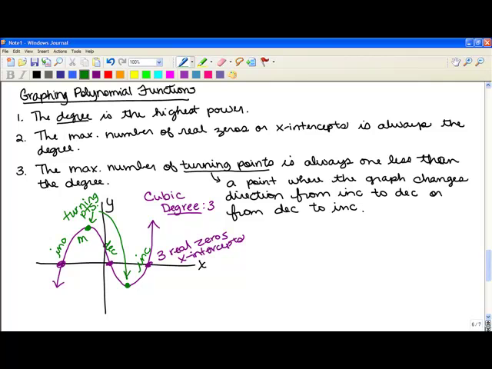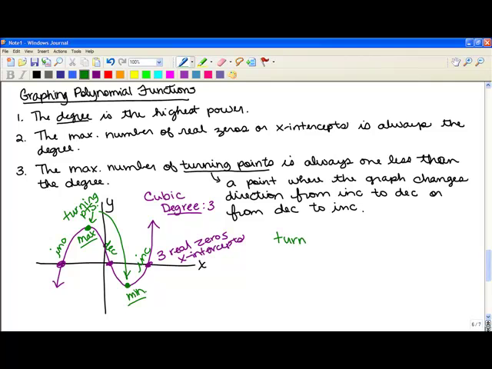Also, they are a relative maximum and a relative minimum. So turning points are really maximums and minimums, and they can be relative maximums and minimums depending on how the graph is shaped.